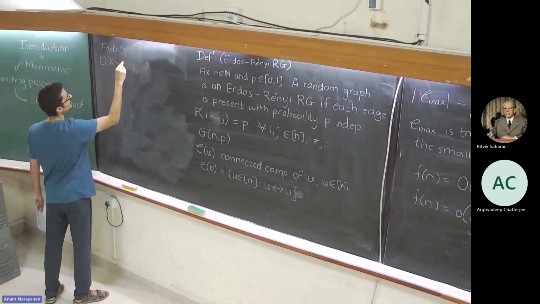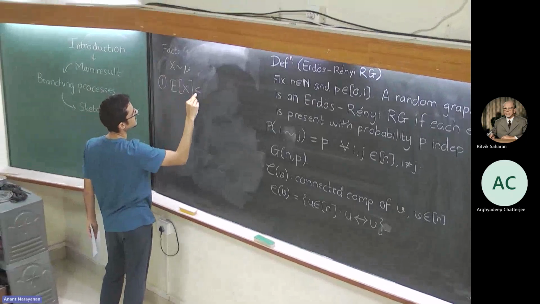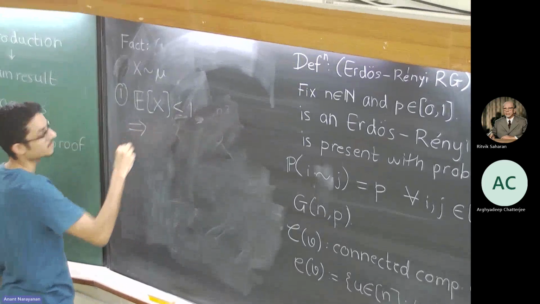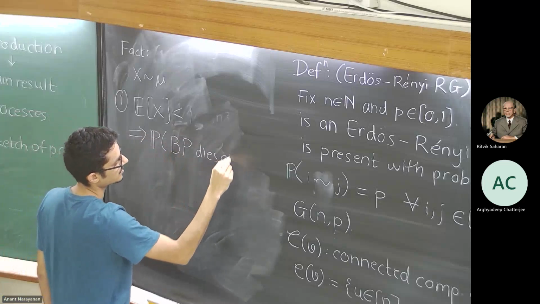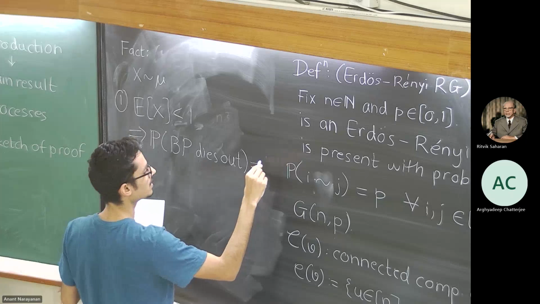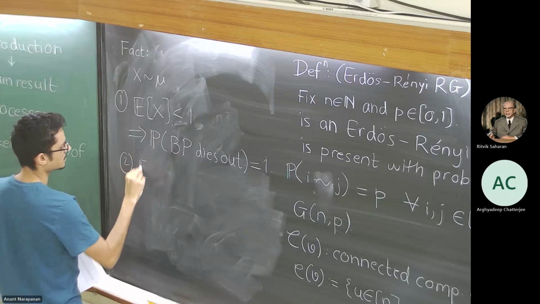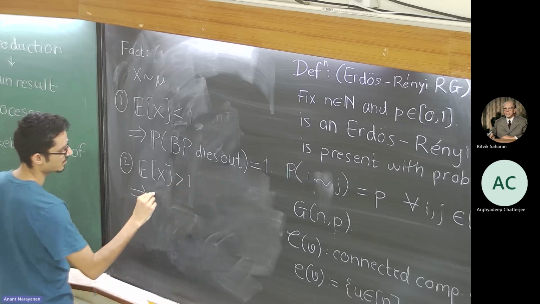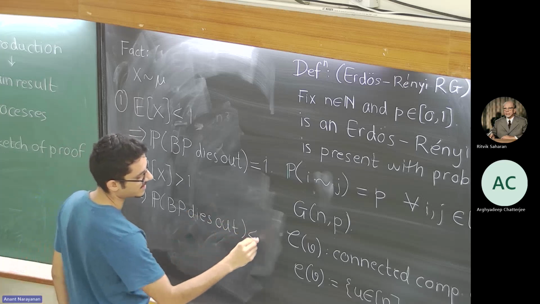So let X follow mu. Expectation of X less than 1 implies the probability that the branching process survives is 0. Expectation of X greater than 1 implies the probability of extinction, alpha, is less than 1.